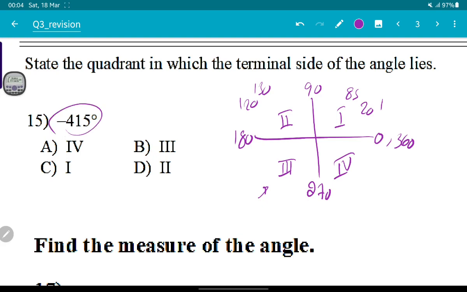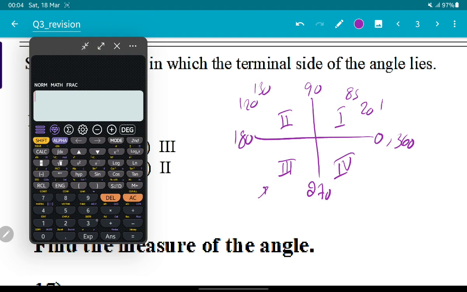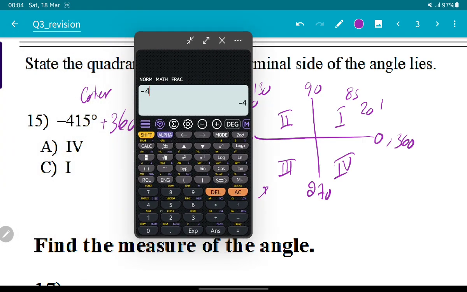So for this case, instead of going clockwise, which is a negative direction, or going more than 360, you can find a coterminal angle. Coterminal means you can add or subtract 360. In this case, you can add 360 many times. So add 360 twice to negative 450, I guess. Negative 15 plus 360 is 345... then you can add another 360.